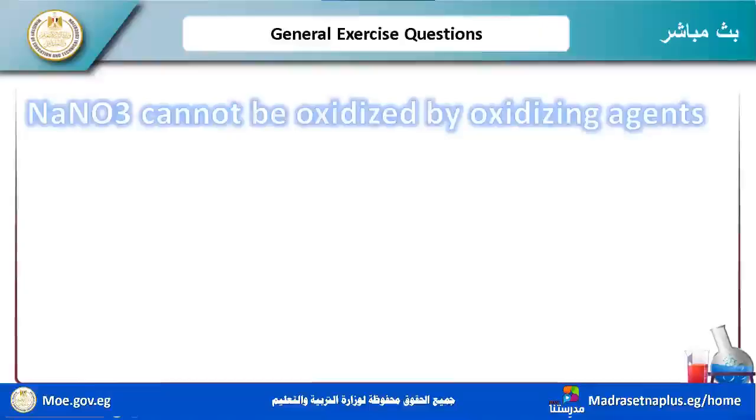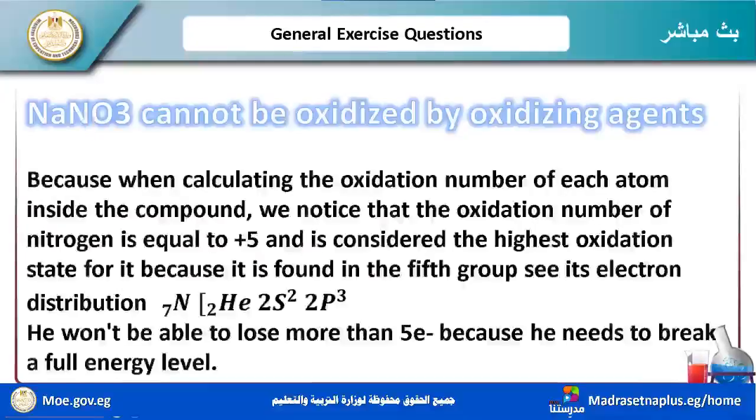We can say that NaNO3 cannot be oxidized by an oxidizing agent, because this nitrogen equals positive 5, which is the highest oxidation number of nitrogen. It would need very high energy to break the main energy level completely.